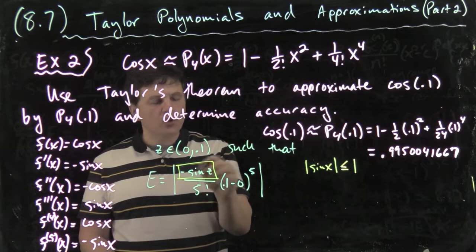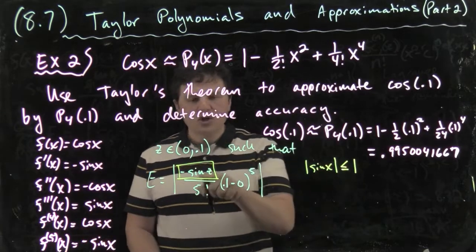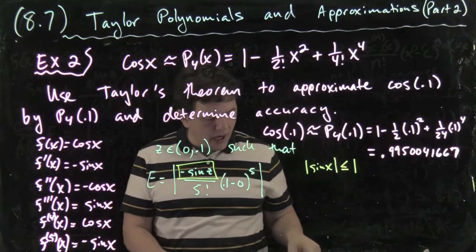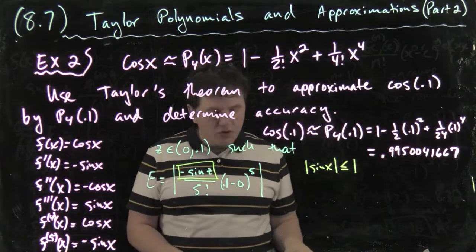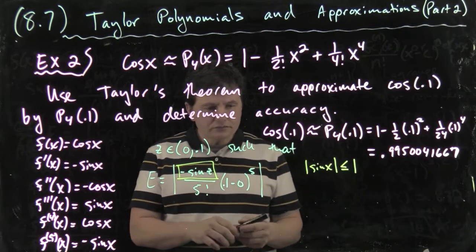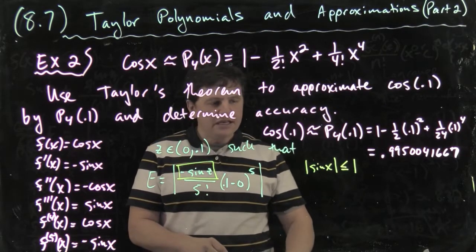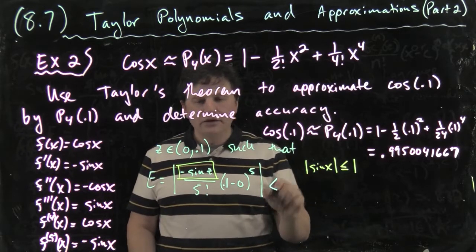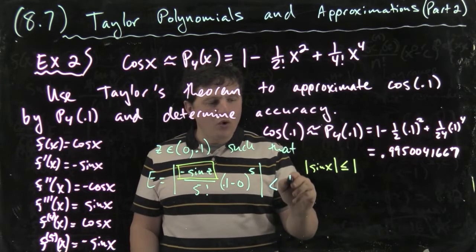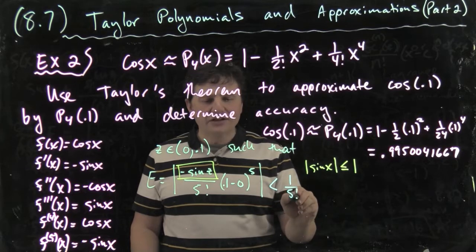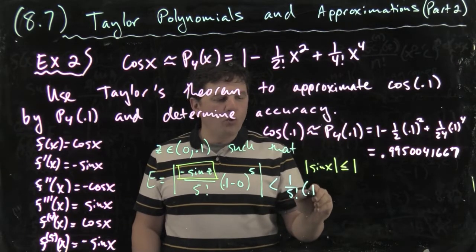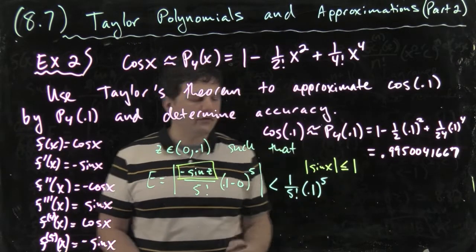We know that this term would be less than 1, so I'm just going to replace this with 1. Same thing if I'm doing cosine. So what I end up getting here is that the error is less than 1 over 5 factorial times 0.1 to the 5th.